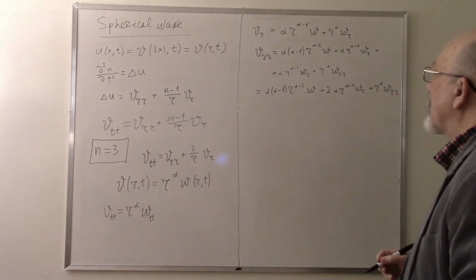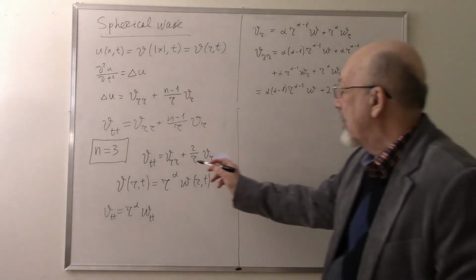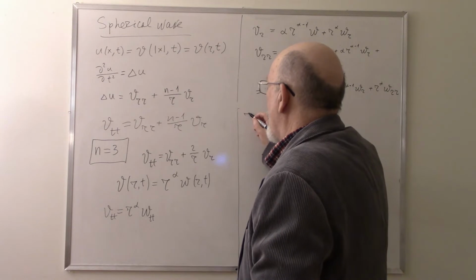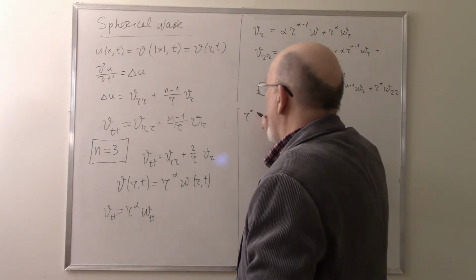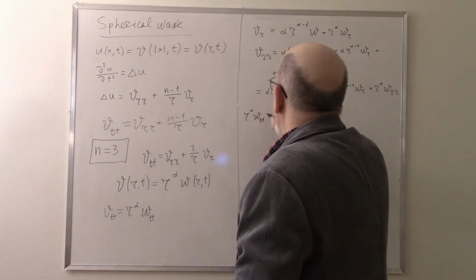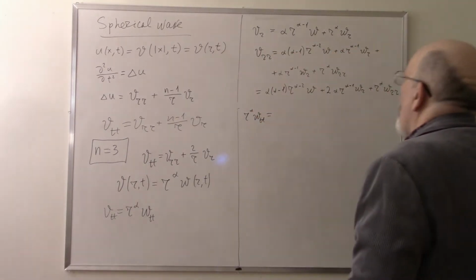Now let us substitute it into the equation. So we write R to the alpha WTT equals what?